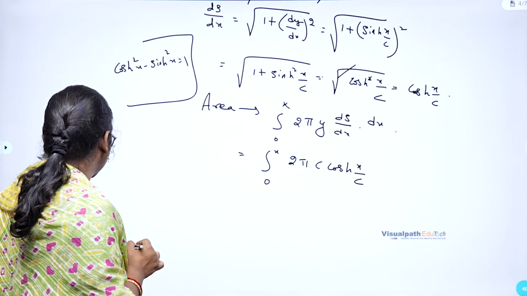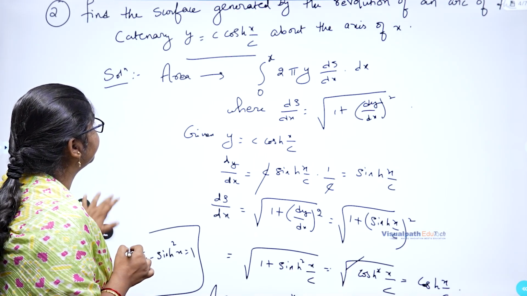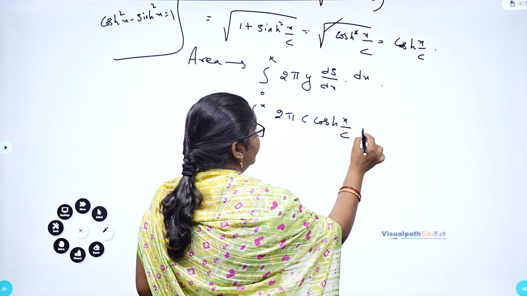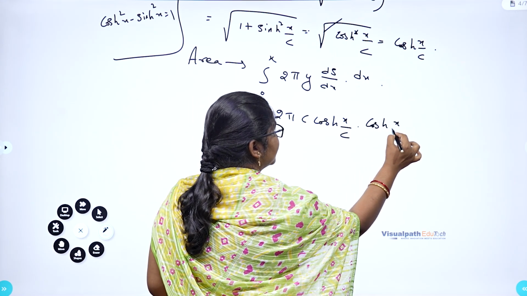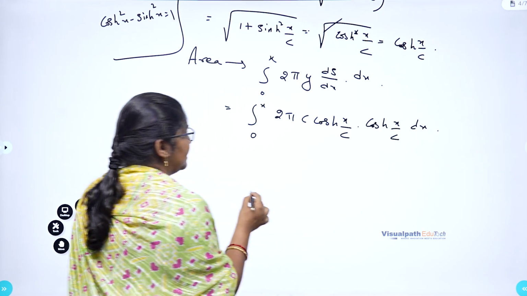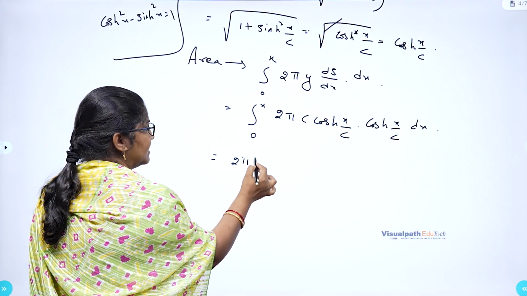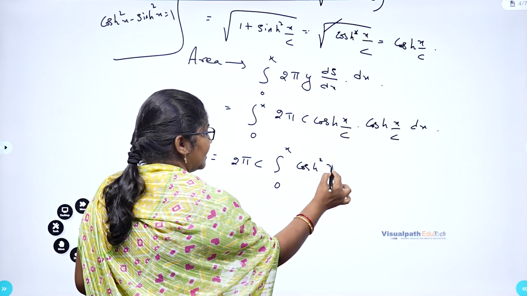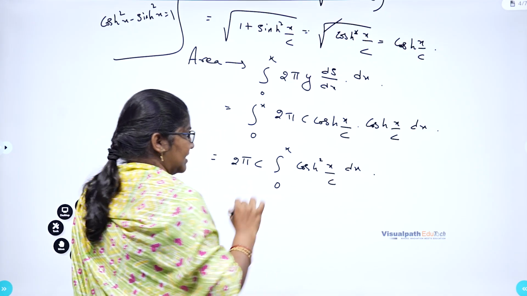Once we verify in our question, what is y? c cosh(x/c). Into ds by dx is cosh(x/c) into dx. 2 pi c is constant, integral 0 to x cosh square(x/c) into dx.